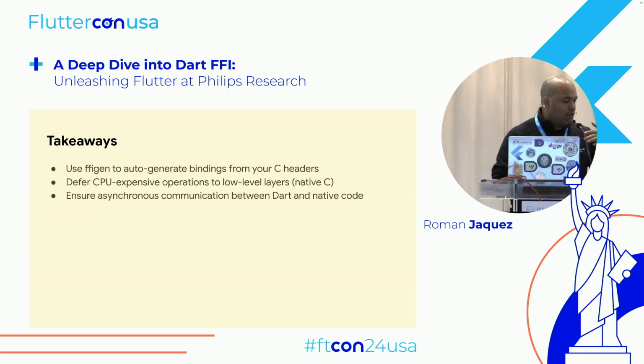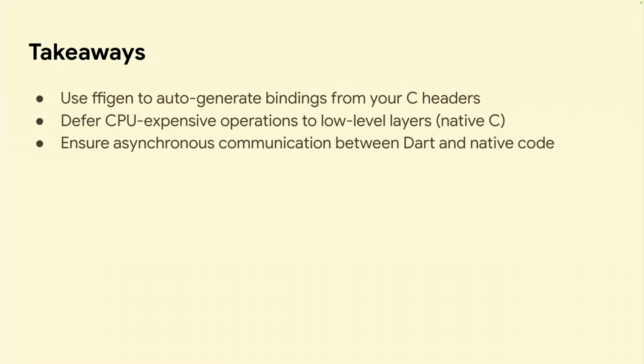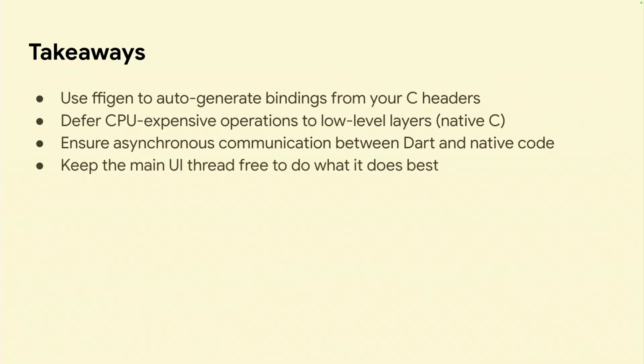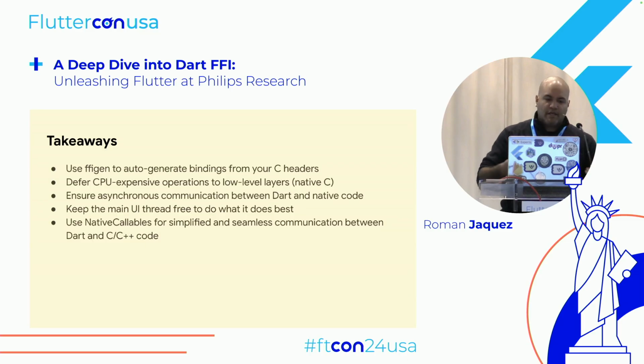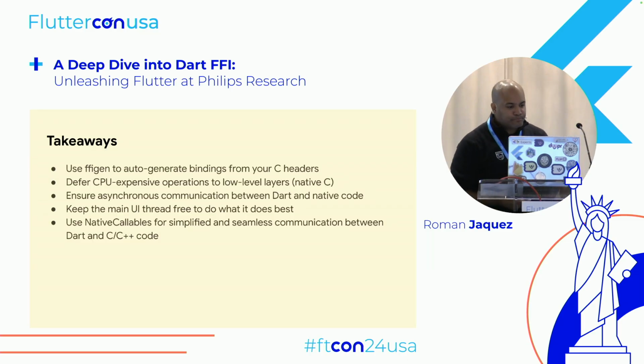Try to always free up the UI thread, and also try to do it asynchronously. Perform fire-and-forget calls so that you don't hold the UI thread. Like I mentioned, keep the main thread free to do what it does best, which is painting pixels on the screen. Use native callables for simplified and seamless communication between Dart and C++ code, because then you alleviate some of the overhead of having to create receive ports, send ports, and all of that. So native callables is the way to go.